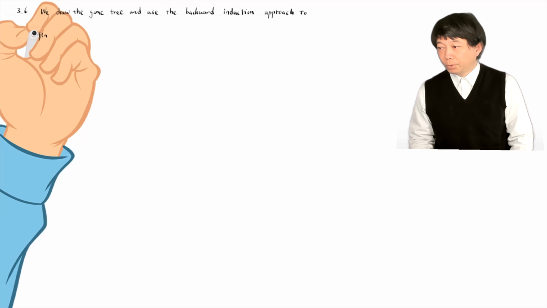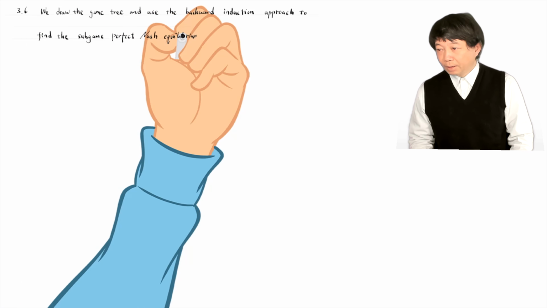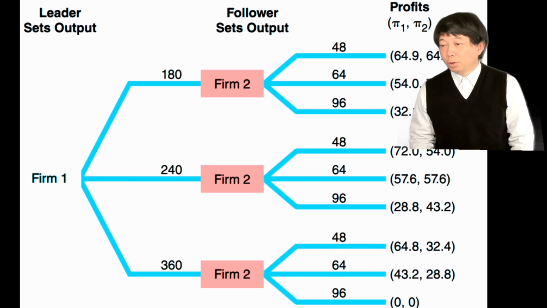There are 2 stages of this sequential dynamic game. Firm 1 sets its quantity first in the first stage, and then Firm 2 sets its output in the second stage. We first consider Firm 2's strategy in the second stage.